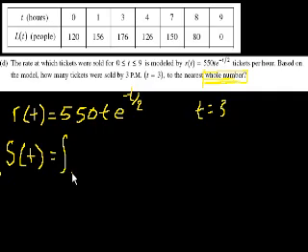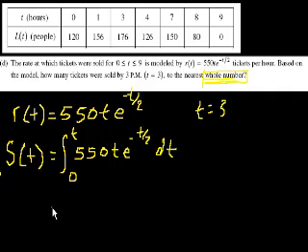But it's between time equals 0 and t, or if we want to know the tickets sold between time equals 0 and t, it is equal to the integral of the rate at which the tickets sold was changing. So that's equal to the integral of 550 t e to the minus t over 2 dt.